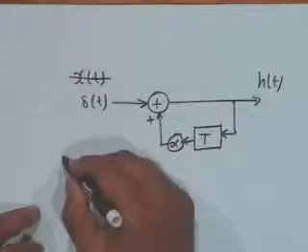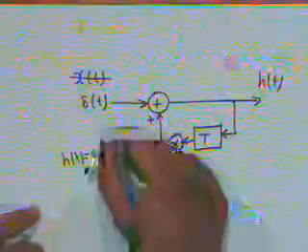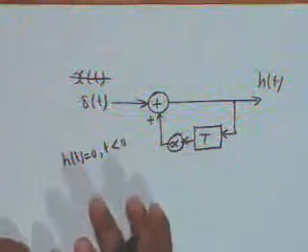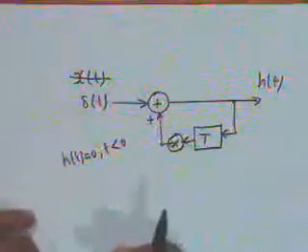There is another condition given, that is assuming initial rest, which is important. That means h of t is equal to 0 for t less than 0. For t less than 0 the input is not applied, initial rest, and therefore h of t is equal to 0. Now, when delta t is applied, delta t has its existence only at t equal to 0.